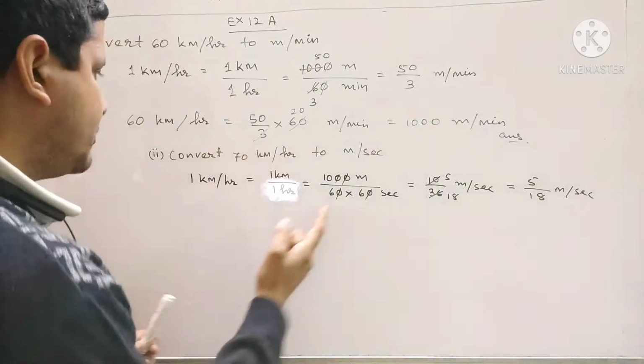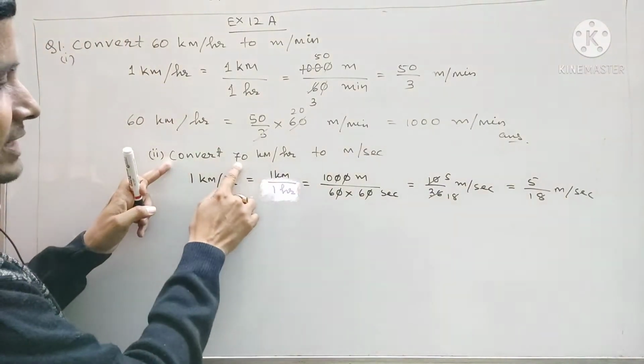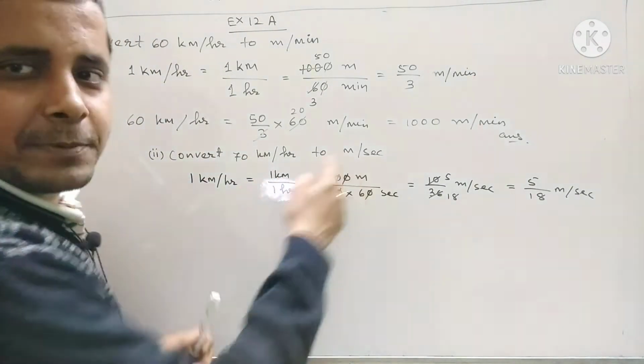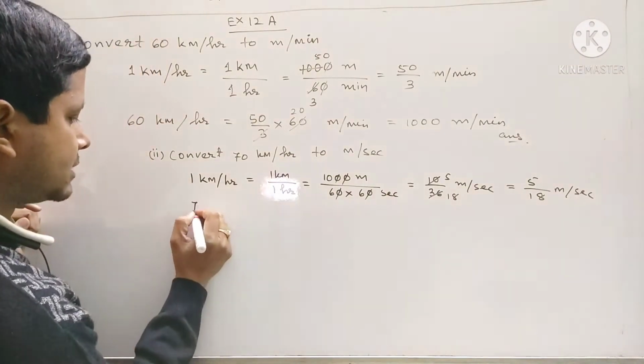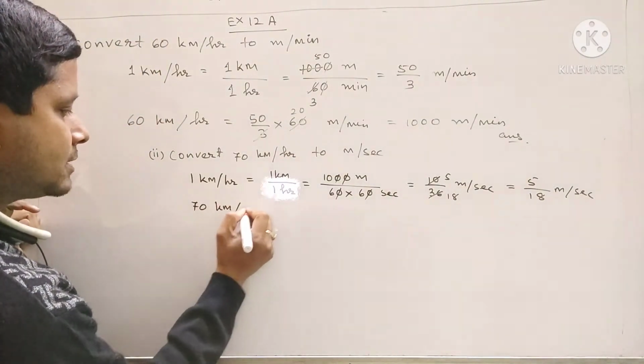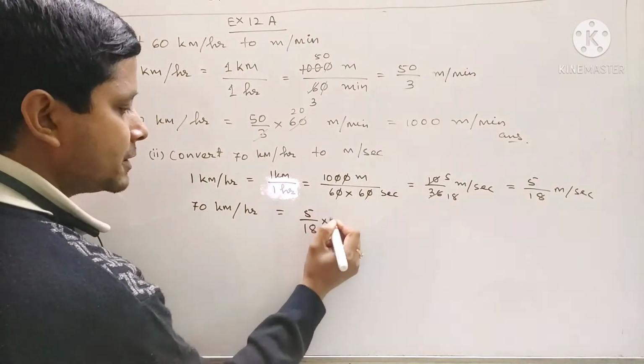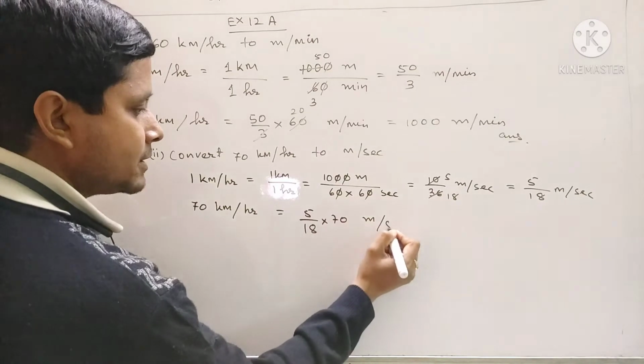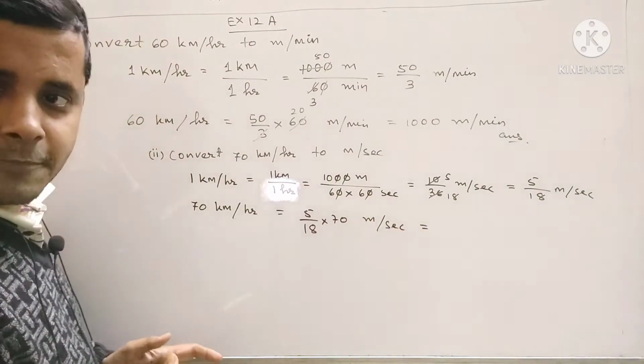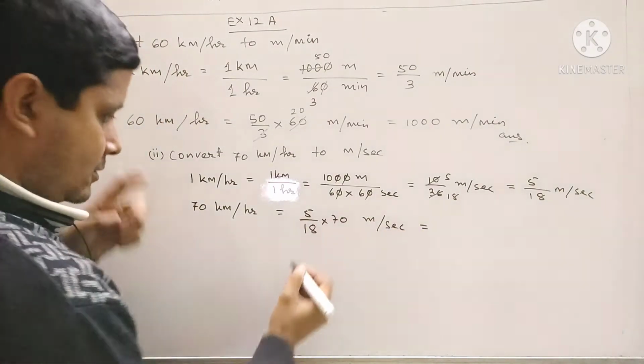Okay. So now in the question it is given: convert 70 km per hour to meter per second. So we will write here that 70 km per hour is equal to 5 by 18 into 70 meter per second. Clear? So now we will cancel it.